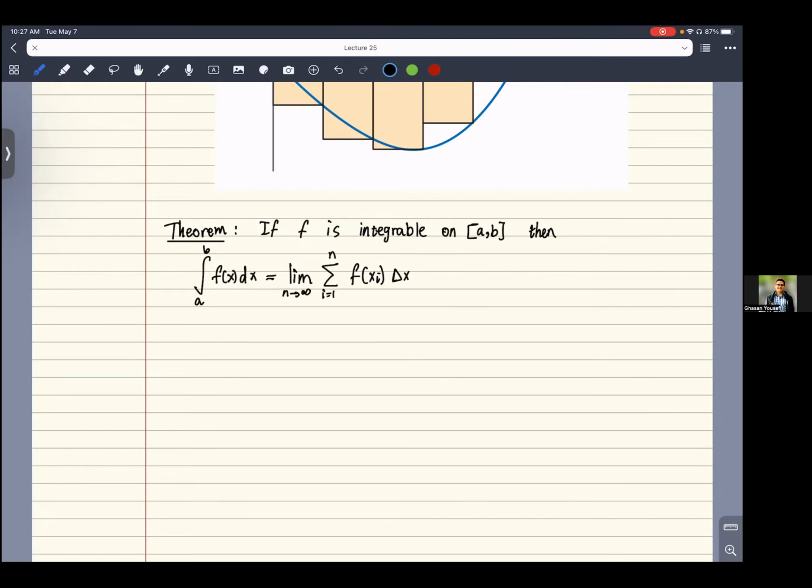Again, delta x is b minus a over n, and xi is a, the beginning point, plus i delta x. So this is the meaning of f is integrable.